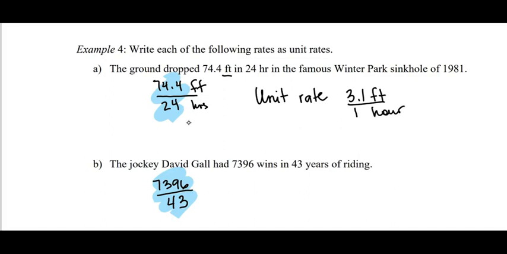Okay, so once you divide by 24 hours, you will find how much it dropped per hour. So that is the unit rate. You can also write the unit rate as 3.1 feet per hour. Okay, so those are your answers.